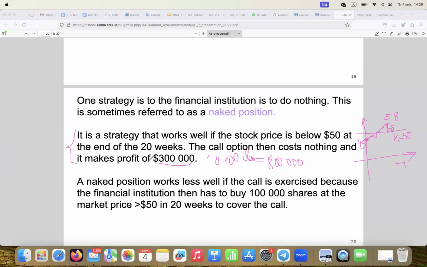So it is with plus and it's with minus. So the loss of our company, how much? 500. Yes, it is exactly. The loss is 500.